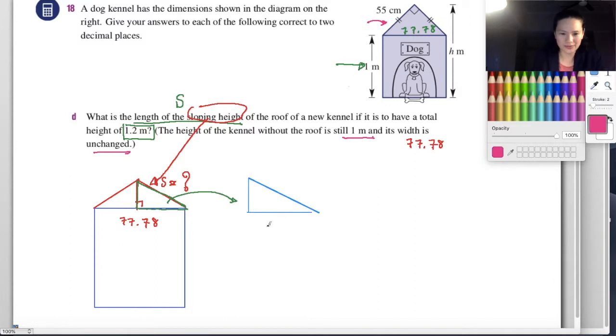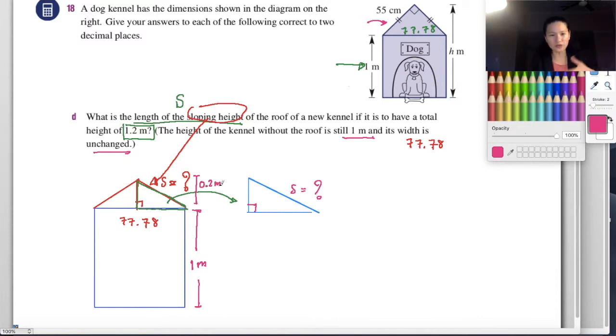I would like to know s. What is s? The one that we have to find out. This one from the question is still 1 meter, and they told you that the total height is 1.2. That means this height is 0.2 meter.